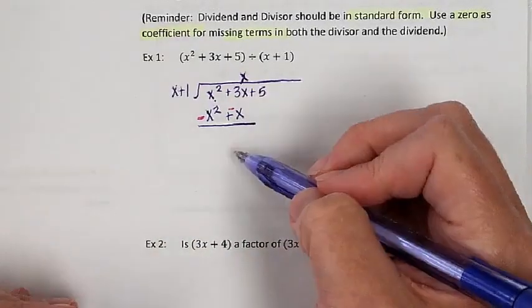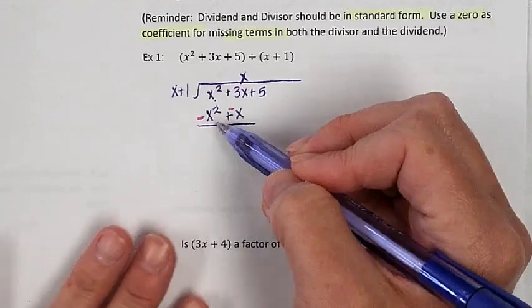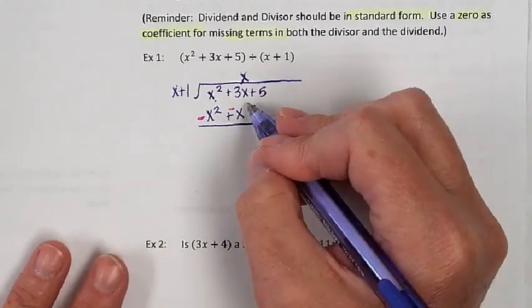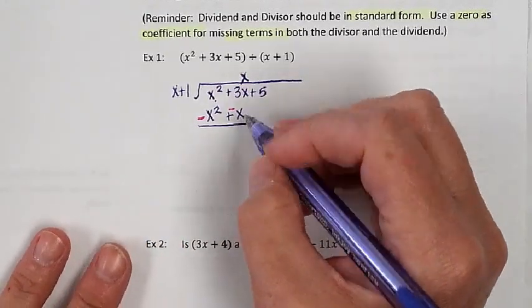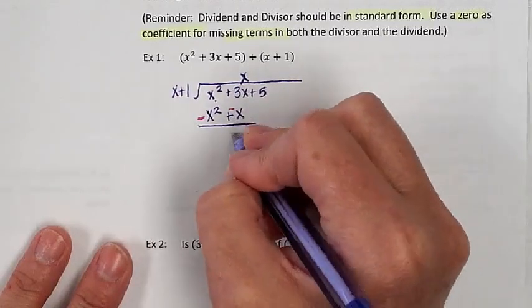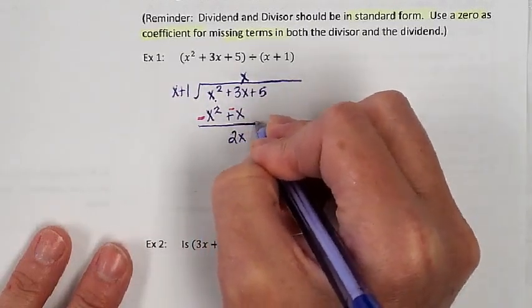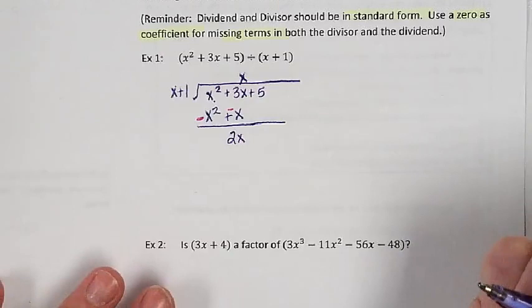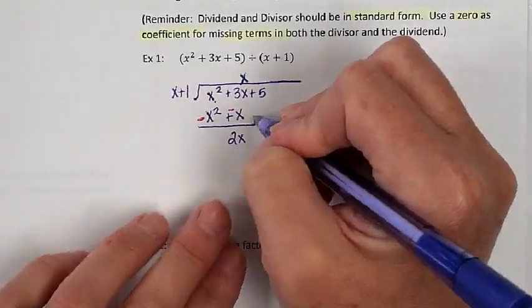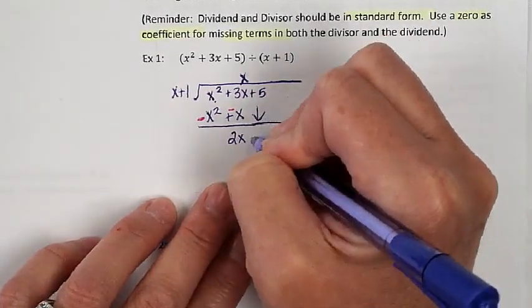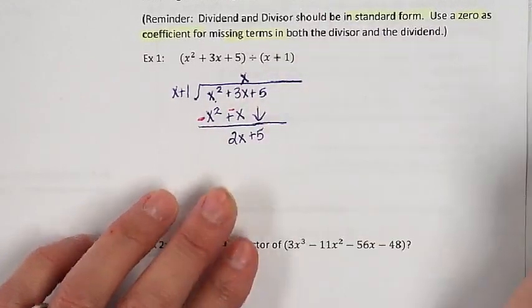Now we're going to add. So x squared minus x squared is 0. It cancels out. 3x minus x is 2x. Now, to continue on, we have to bring down the plus 5.